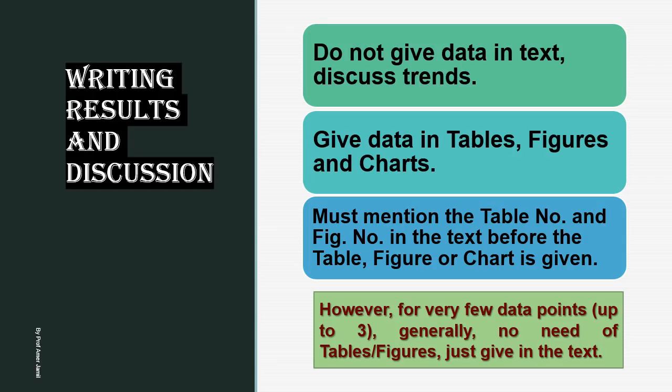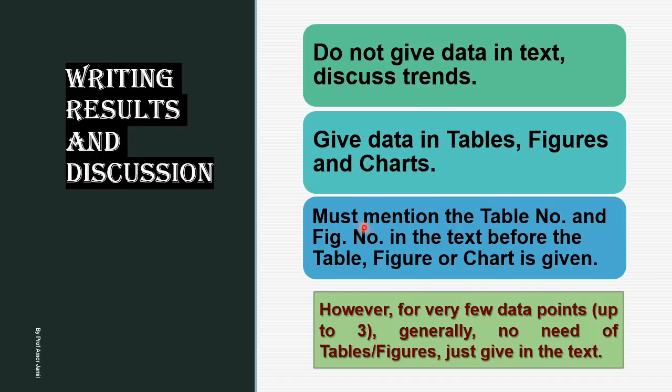Just as I mentioned in the review chapter, you should not give data in text form, rather you should discuss trends in the text, and give data in tables, figures and charts. Similarly for your results, you should give the data in the form of tables, figures and charts, and you explain the trends in that data in the results.